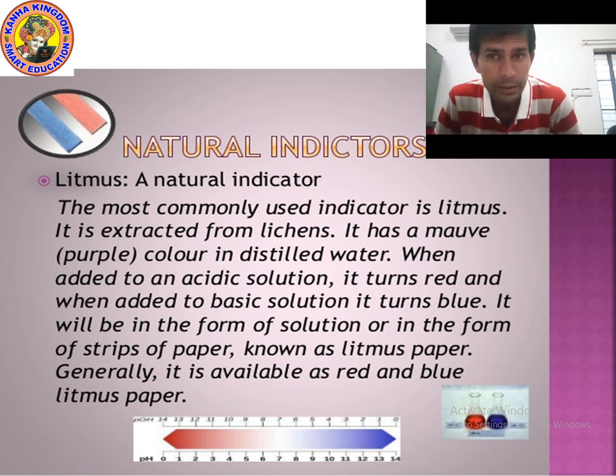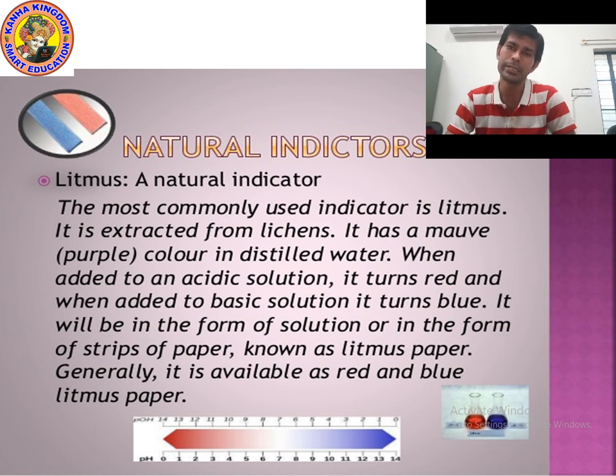That means litmus turned red into blue when we are doing test with acid. But if we are doing test with base, then the blue color will turn to red, which is showing the representation of base.